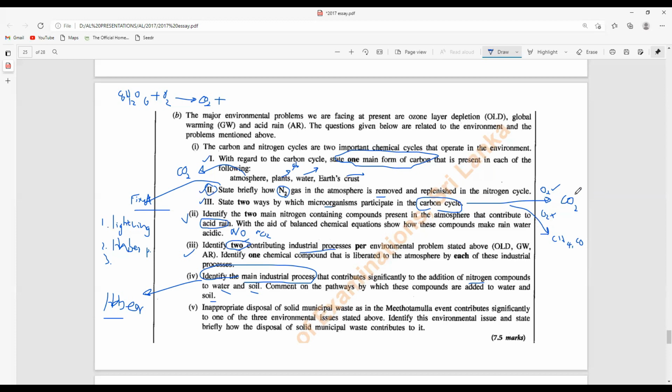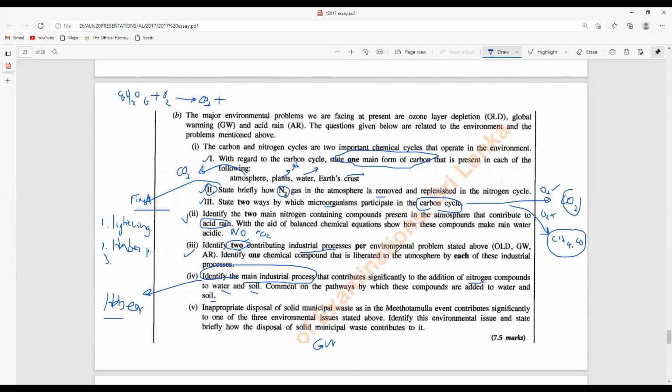See here, aerobic respiration giving CO2, and here anaerobic giving methane. So these two mainly contribute to global warming, right? So what is the main environmental issue? It is global warming. So how? You have to mention this a little bit here in the same way. This will form and it will contribute significantly. Okay.